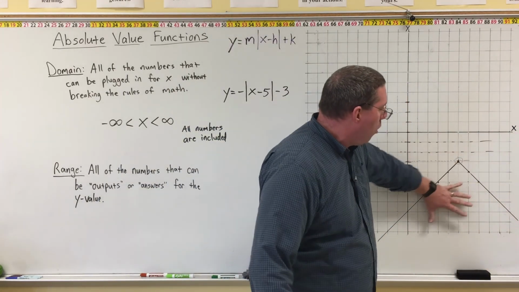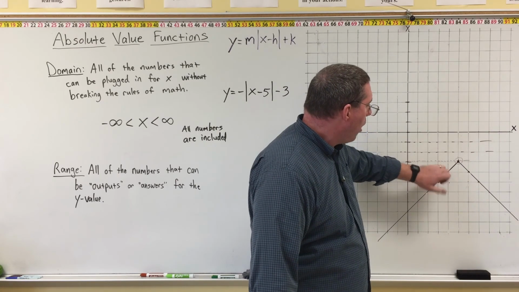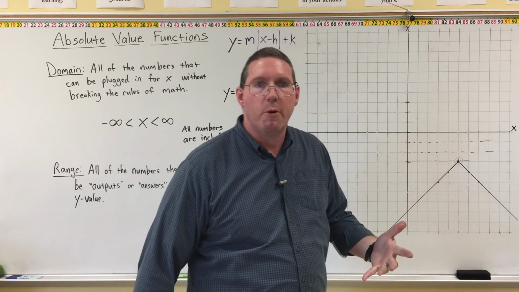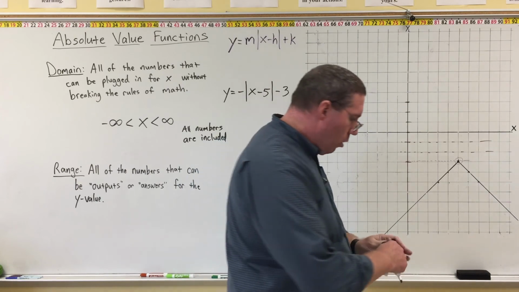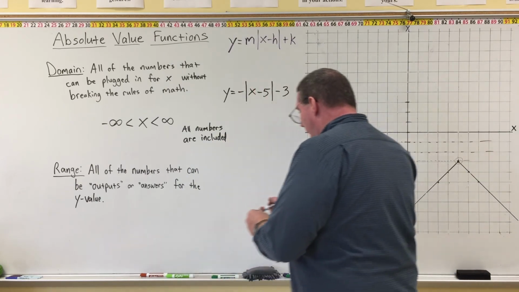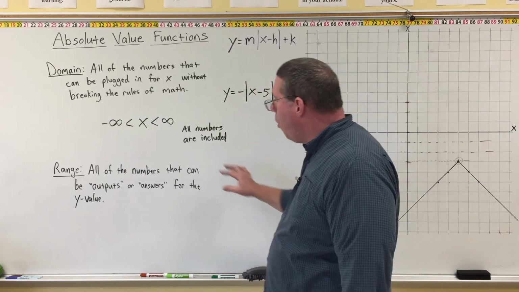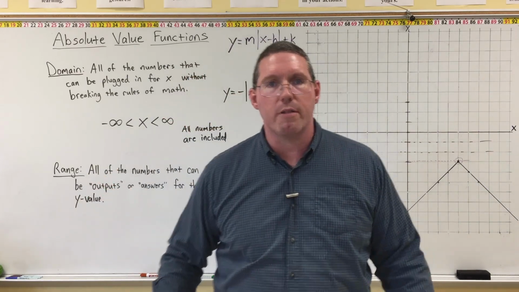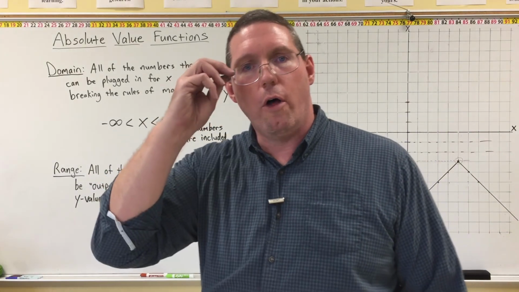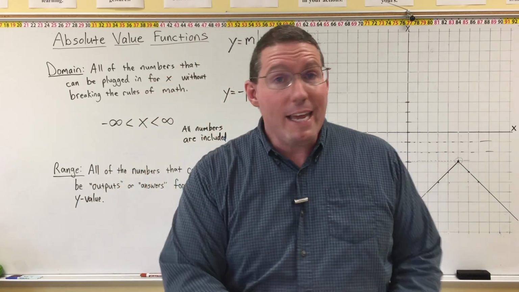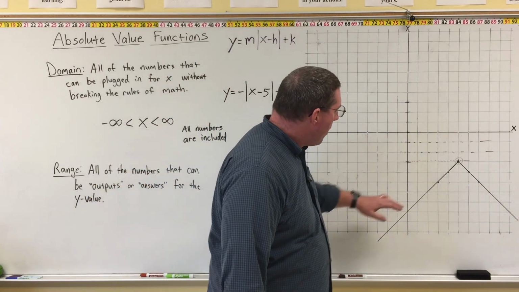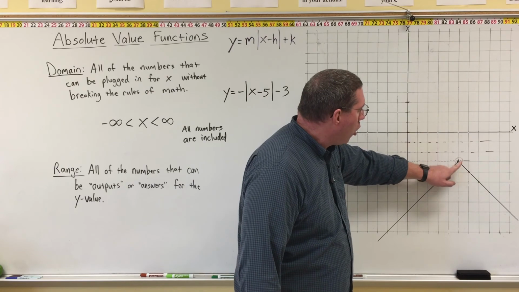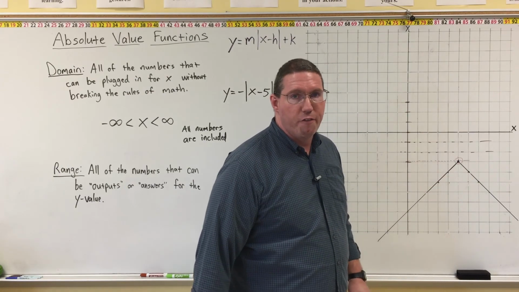None of the points on the graph include a y-coordinate of negative 2.999. So the range is asking us, what are all of the y coordinates that are included on the graph? Here we can clearly see that all of the y coordinates are less than or equal to negative 3.